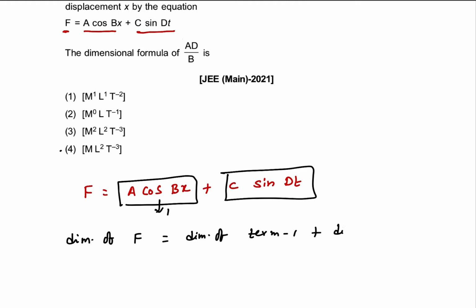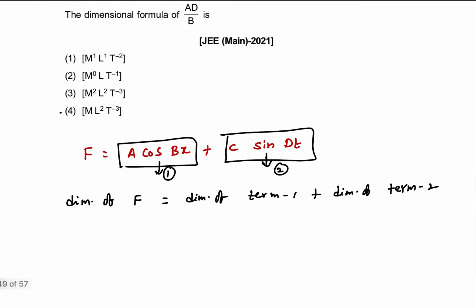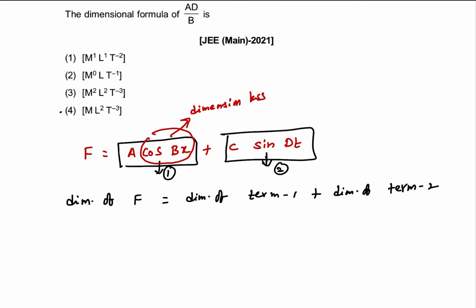The dimension of this term is, you can see, the dimension of term 1 plus the dimension of term 2. I am taking c sin dt as term 2. Again, in term 1, the cos bx term is there. This cos bx is dimensionless.